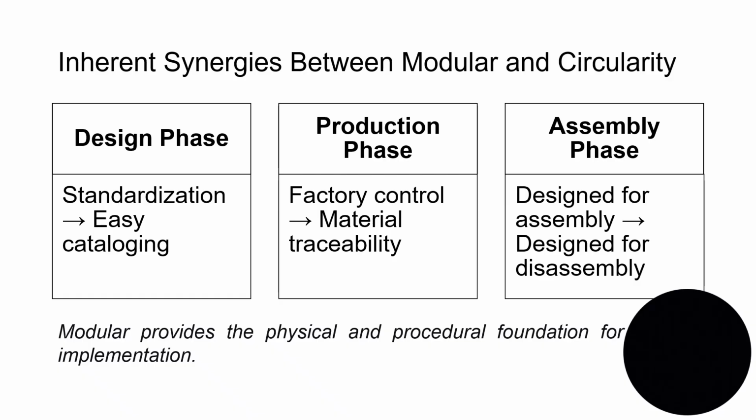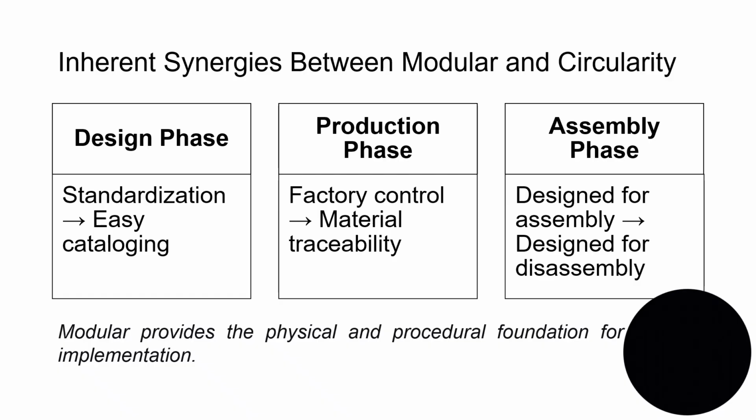Now, why is modular construction particularly suited for this circular transition? Modular buildings are pre-designed for assembly. This gives us a critical head start in designing them for disassembly. Their standardized components are more easily cataloged, recovered, and redeployed.